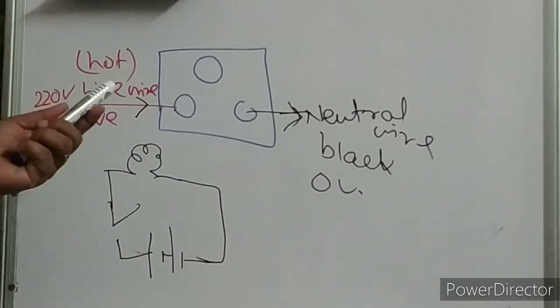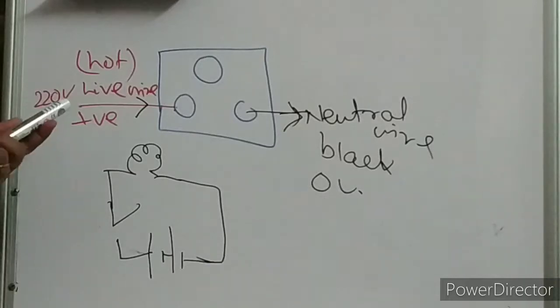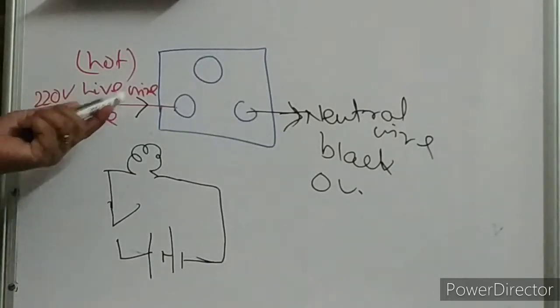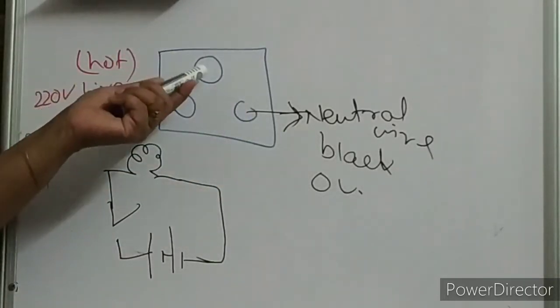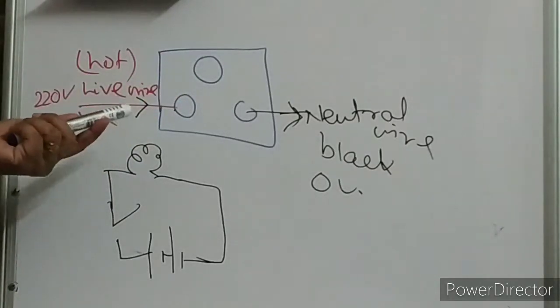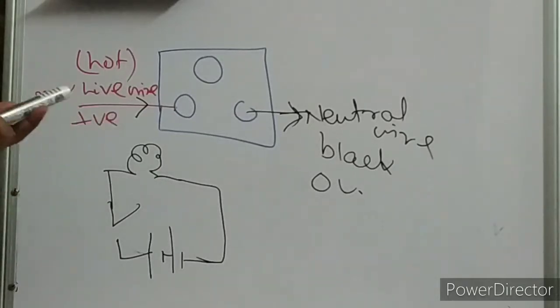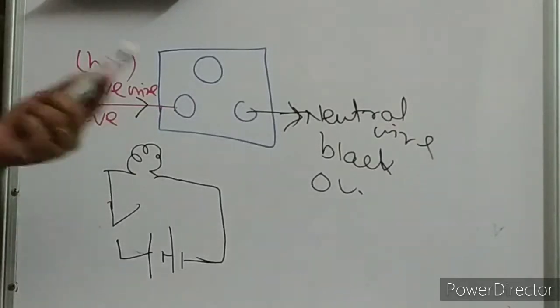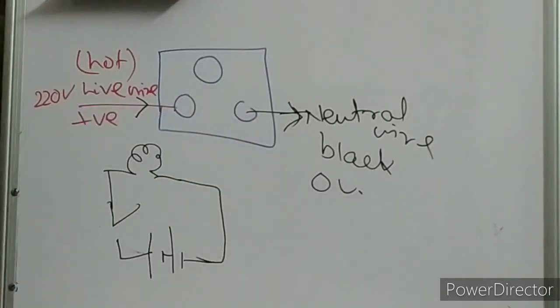Actually, with the new international convention, previously the live wire was red, neutral was black and earthing was green. But as per the new international convention, the live wire is now brown color insulated wire, the neutral is light blue and earthing is green, or you can say yellow insulation cover.